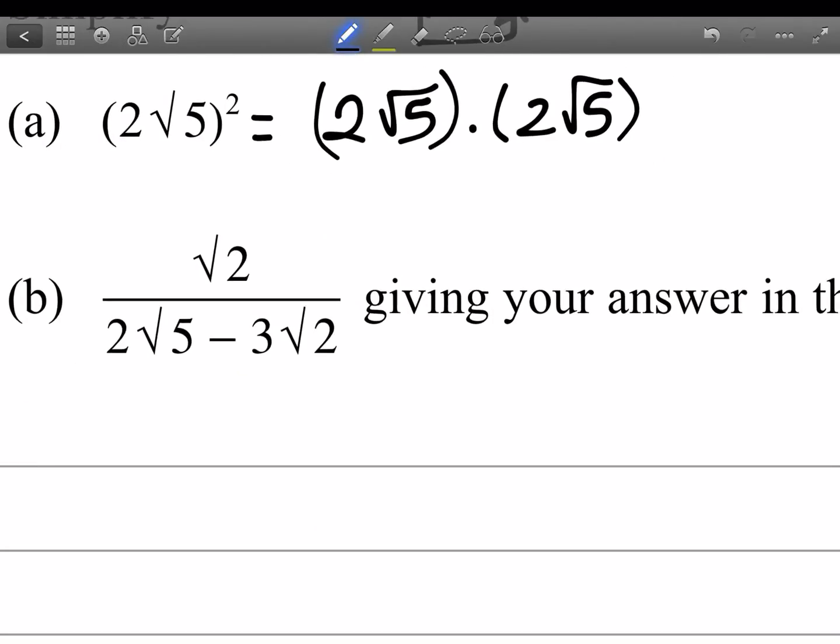In multiplication, we have to multiply the numbers in front of the root. 2 times 2 is 4, and we will multiply root 5 by root 5. It will be 5. Why? I will explain this for you.